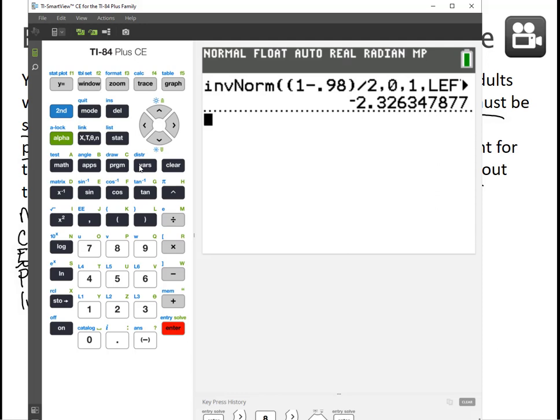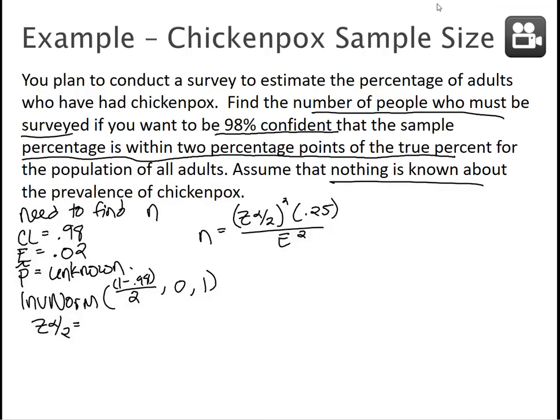Okay? So my answer is negative 2.326. So my z-score is going to be positive 2.33. So my z alpha over 2 is 2.33.